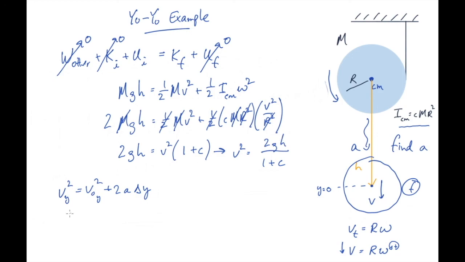That's this guy right here. 2gh over 1 plus c equals the initial, that's 0, started from rest, plus 2 times the acceleration we want times the displacement, delta y. That equals h. It's positive because it's going down in our positive direction. Cancel the h and cancel the 2 to find the acceleration equals g over 1 plus c, the same answer we got before.